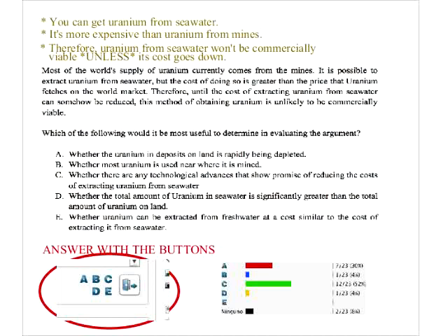That means that this has already been accounted for. So talking about the cost of uranium going down doesn't matter because this is already in the argument. The argument already accounts for this.